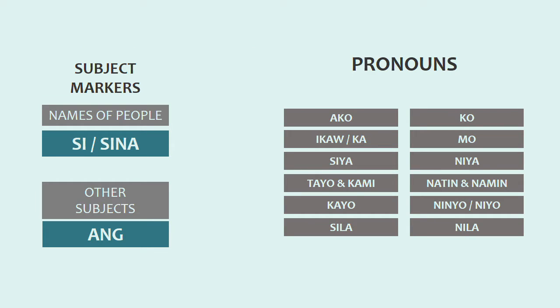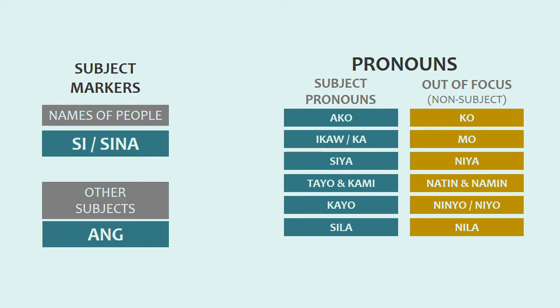There's no need to use markers for that because you can tell if a pronoun is a subject based on which pronoun you used. Remember, on my video about pronouns, I told you that there are two groups. One used for subjects and the other one out of focus, which are the ones used when the pronouns are not the subject in the sentence.